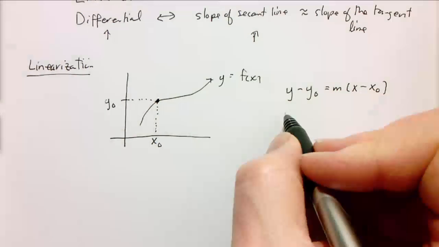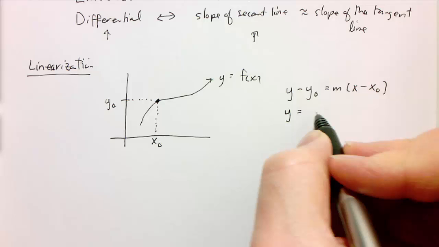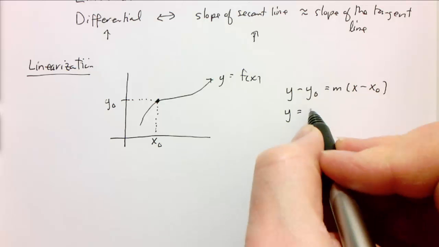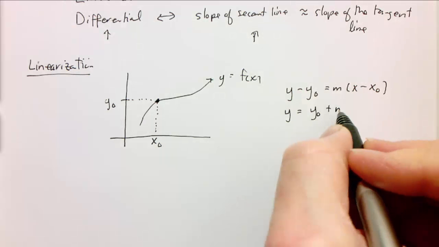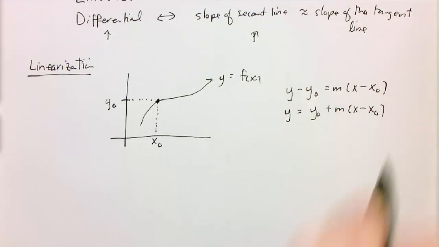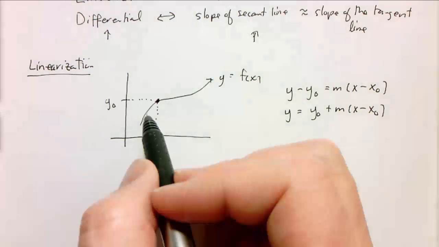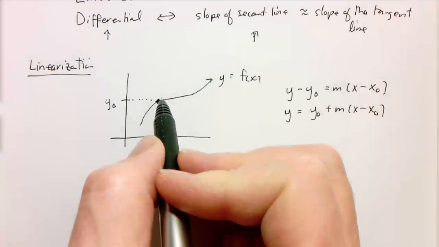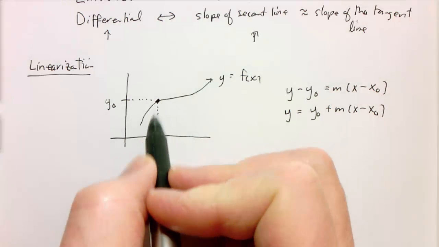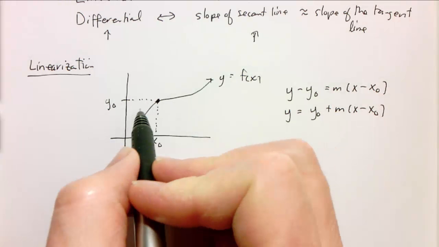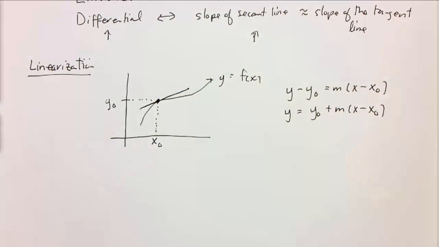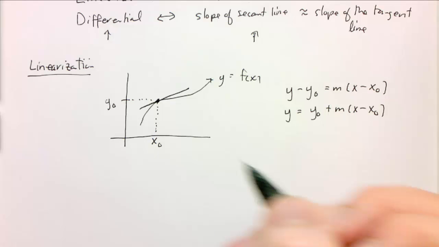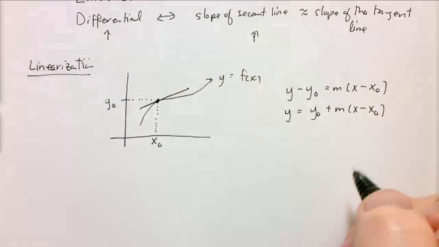I can also rewrite this line as y equals, I'm going to move the y0 over to the right side. Okay, and so if it's a tangent, that's the generic equation of any line. If I want the tangent line, then I need to know what the slope is at this particular location. And to find that slope, we use the derivative. So we can evaluate the derivative at this point to get this value m.